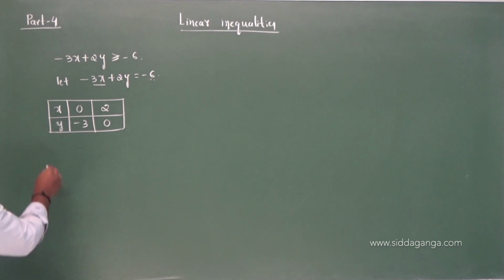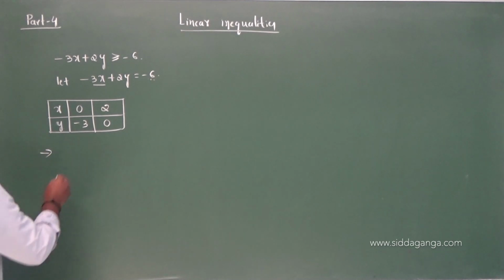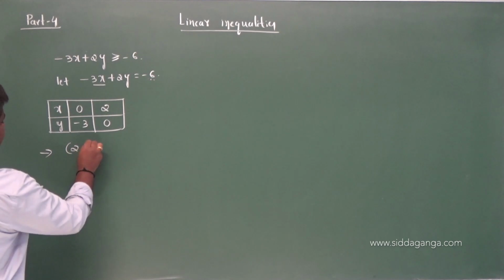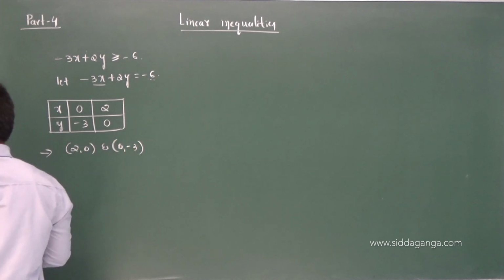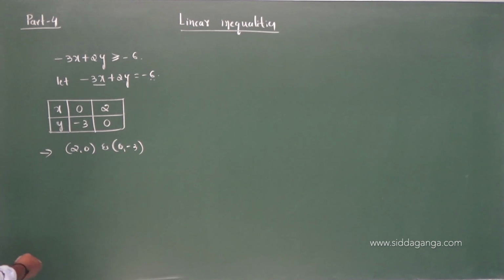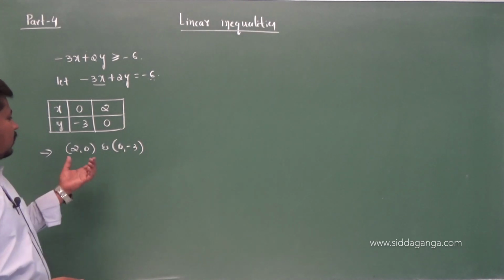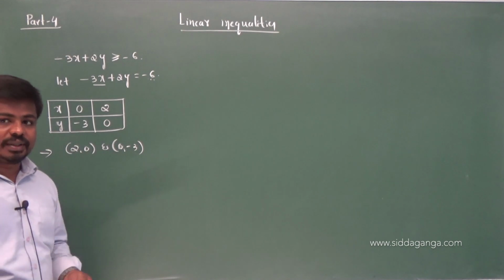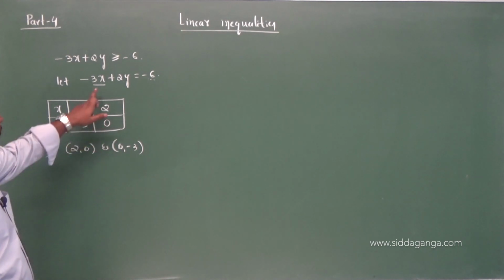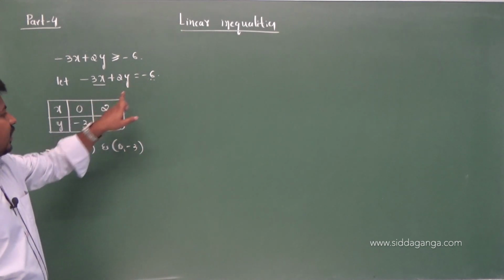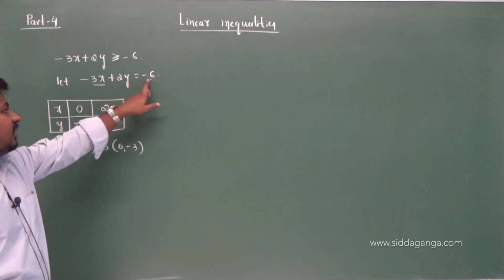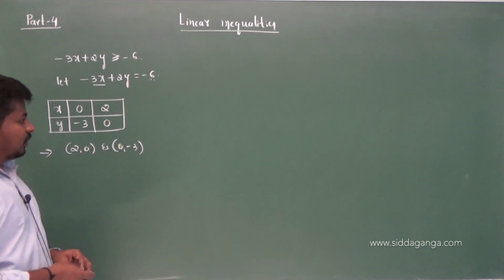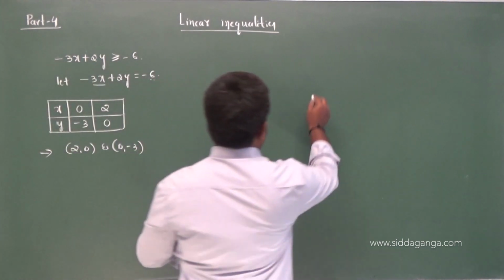So this line passes through 2 comma 0 and 0 comma minus 3. These are the points through which the given line is passing. When x is 0, y becomes minus 3. When y is 0, x equals minus 6 by minus 3, that is 2. Now let us draw the graph.